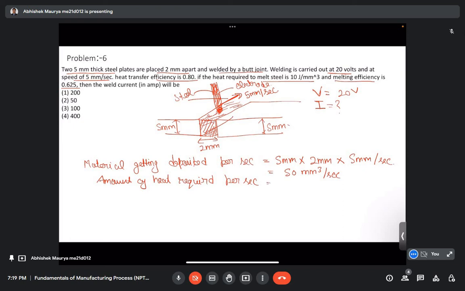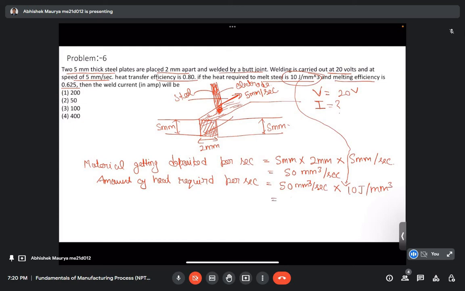That will come out to 50 mm cube per second multiplied by how much energy is required to melt 1 mm cube. It is given as 10 joule. Basically, if we have 1 mm cube of material and we want to melt it, how much energy do we have to supply? 10 joule. So in order to melt 50 mm cube, we have to multiply 50 mm cube by 10 joule per mm cube.